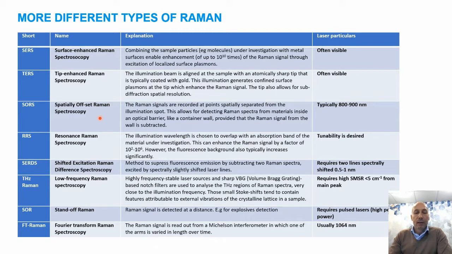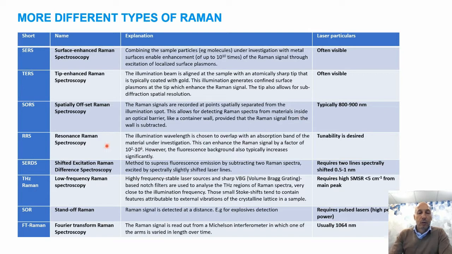And the Raman signal is detected by focusing the detection to a spot slightly aside from the illumination spot. And here it's common to use a bit longer wavelength, typically over 800 nanometers, in order to have better penetration through the container wall.